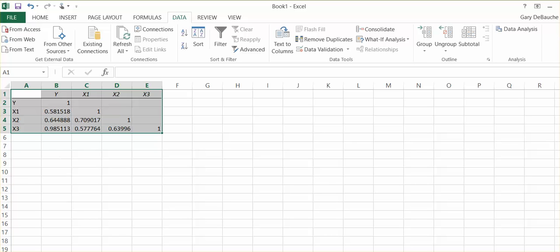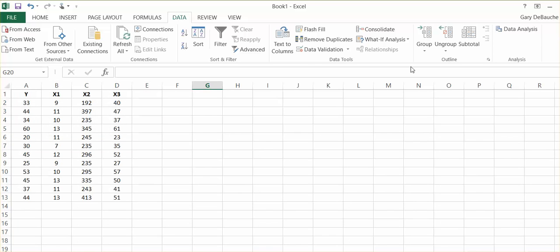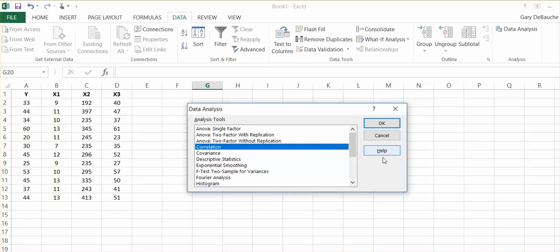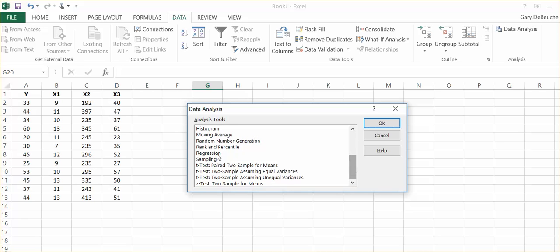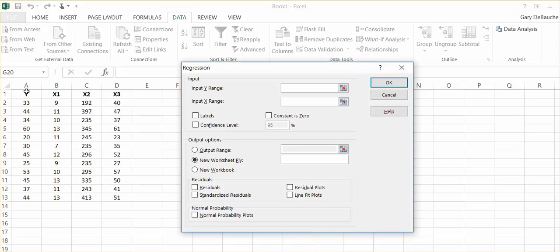So we'll go back to our data, go to our data analysis, and this time we'll look at our regression. We'll set the regression up, and our y.